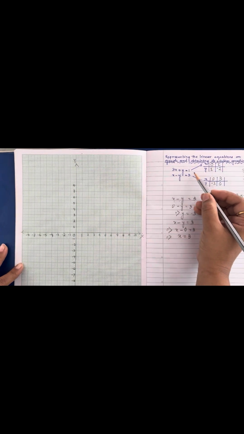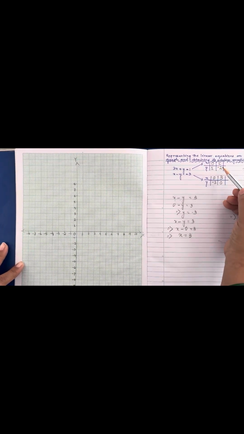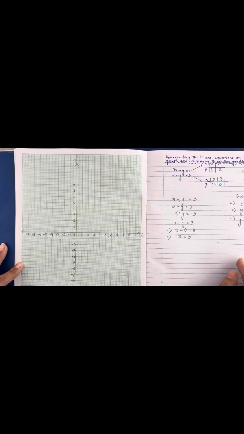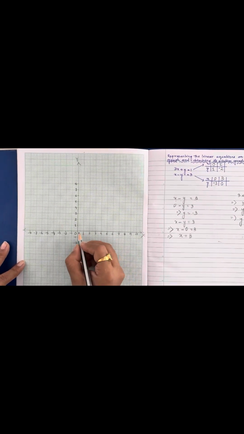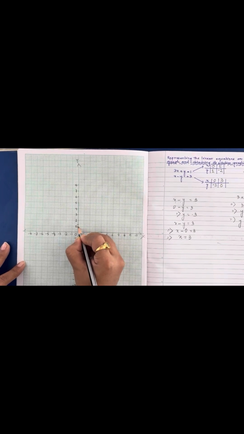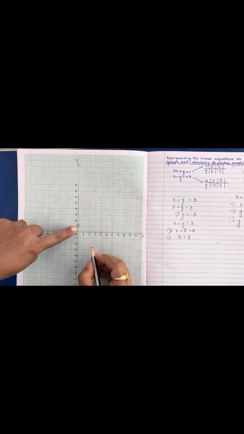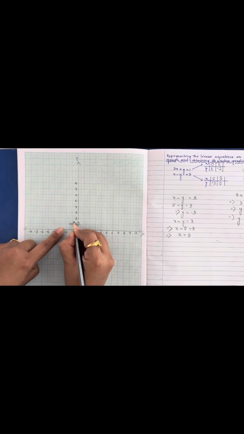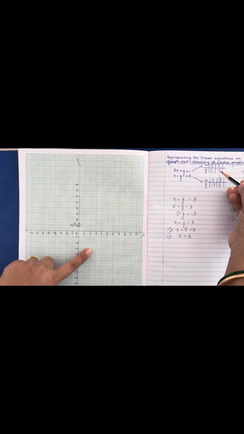So let's go for the graphical part now. For the first equation, we have the coordinates (0, 1) and (1, minus 2). So we'll represent the first one first. This is going to be the coordinate (0, 1). Then the second one is (1, minus 2).